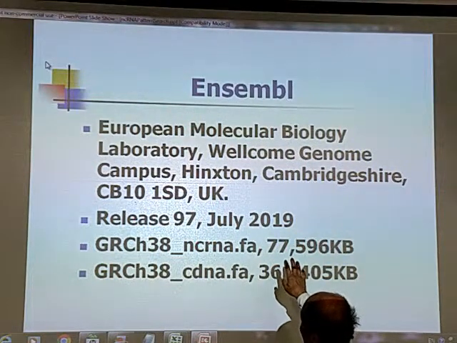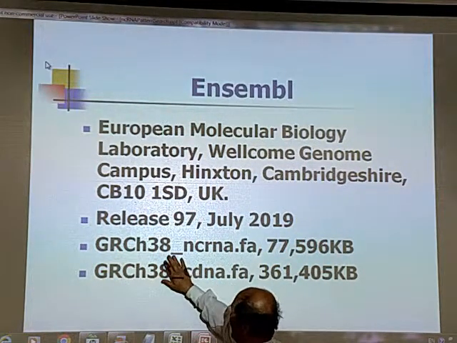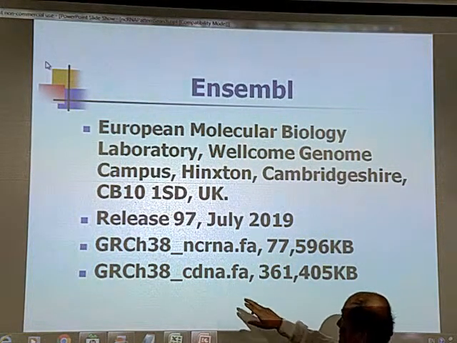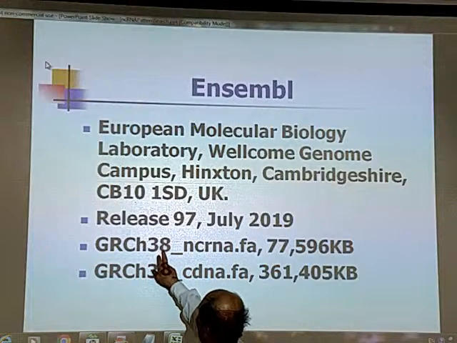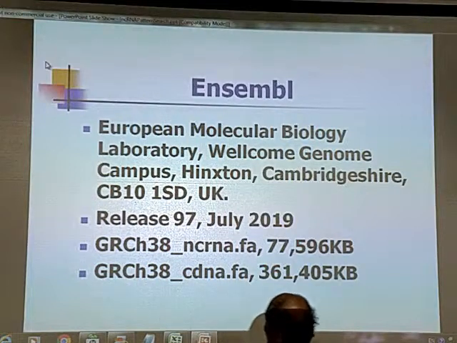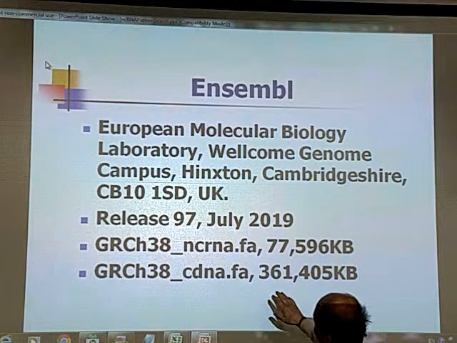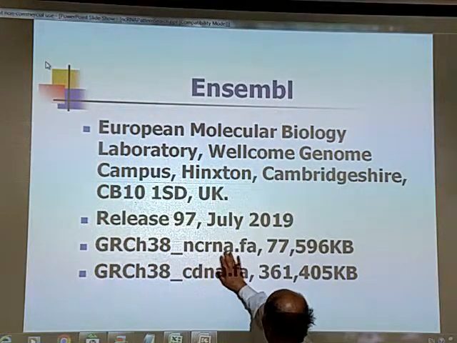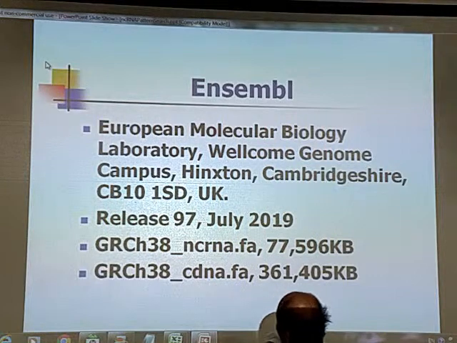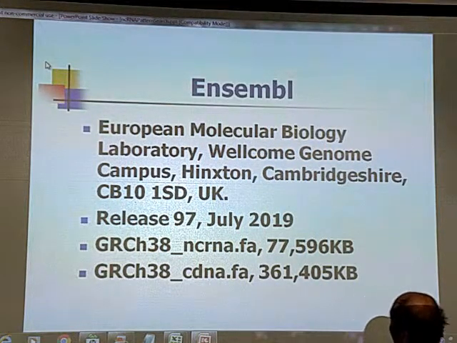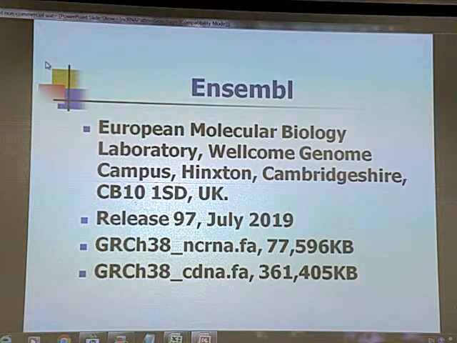So it has lots of different species, and this is genome 38. This is the human genome. In the human genome, they have identified lots of non-coding RNA, and this file is 77 million bytes.